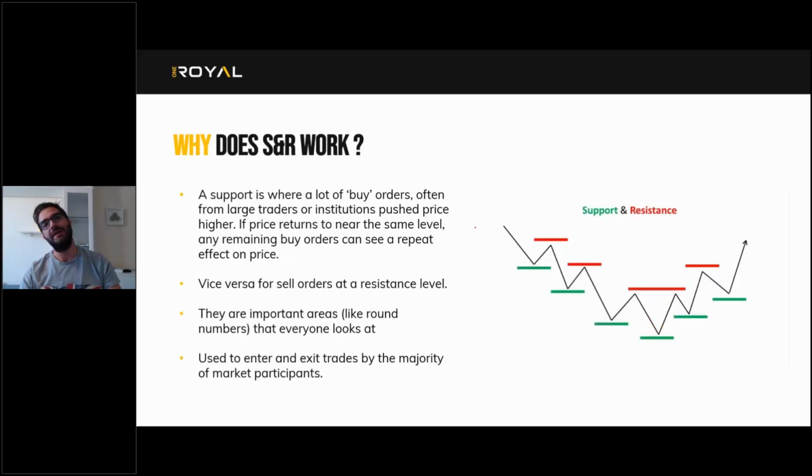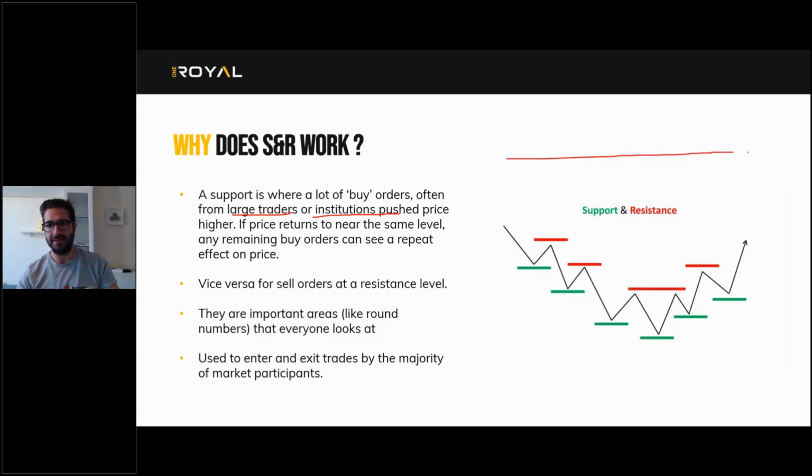Next, why does support and resistance work? Support and resistance work because most of the participants look at those areas, especially the large traders or institutions. So this is where they put the huge orders.